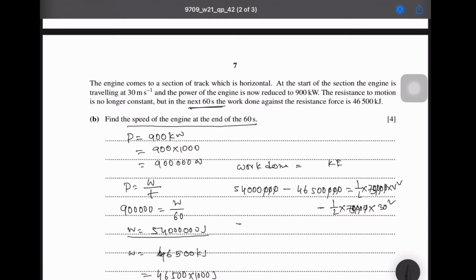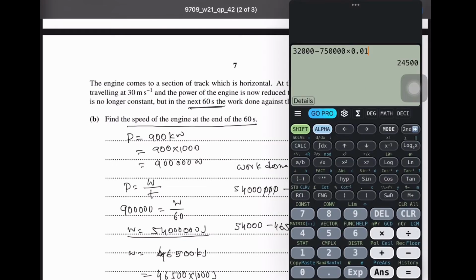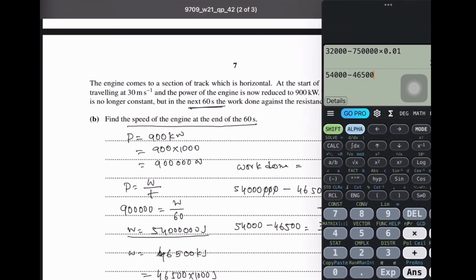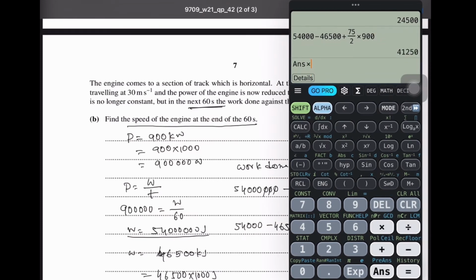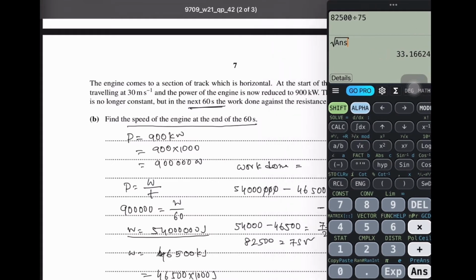So let me write it clearly again. 46,500 equals 75 by 2 v square minus 75 by 2 into 900. 54,000 minus 46,500 plus 900, and then multiply it by 2. 82,500 equals 75 v square, so 82,500 divided by 75, then root over. Answer: so it is 33.2 meter per second.